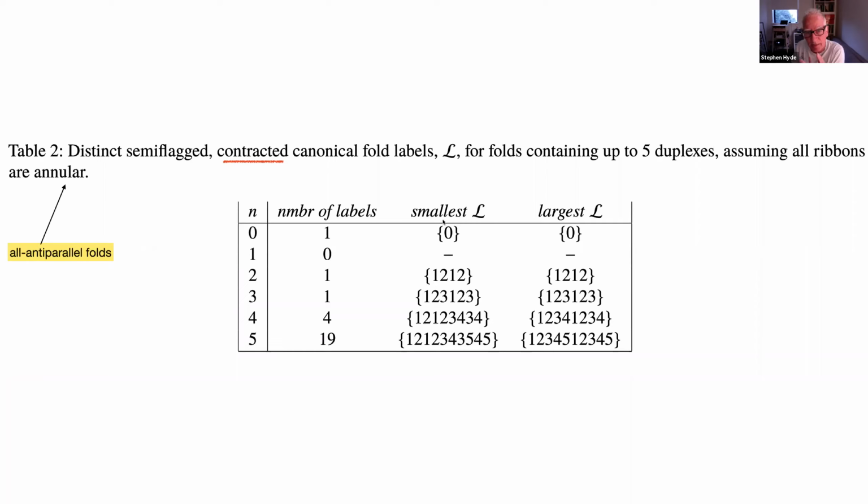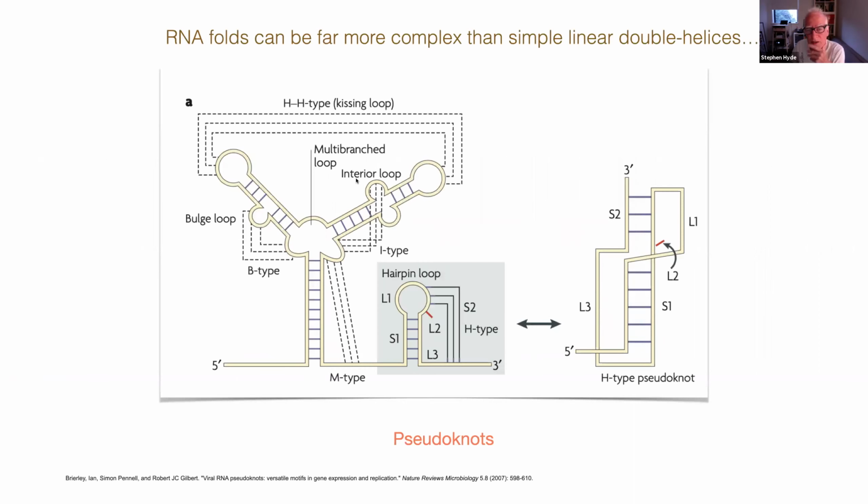Then here's now a table of the number of distinct labels. So this is really now the number of distinct folds where we don't care about odd or even twists as a function of the number of duplexes in the fold. So now it's become a bit more reasonable. As we go up to 5 duplexes, we get only 19 folds. So here's a cartoon taken from a very nice review from many years ago of single-stranded RNA.